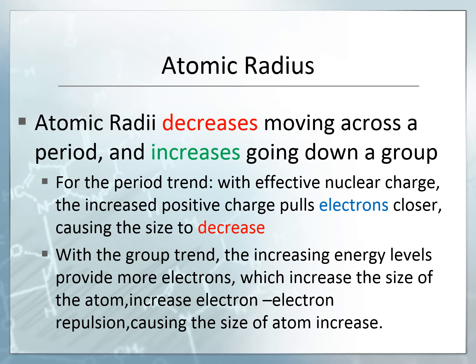Down the group, the increasing energy levels provide more electrons, which increases the size of the atom and increases electron-electron repulsion, causing the size of the atom to increase.